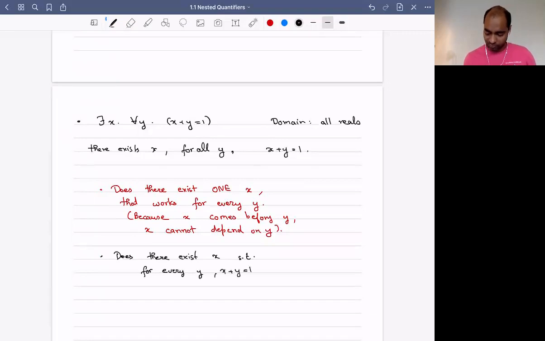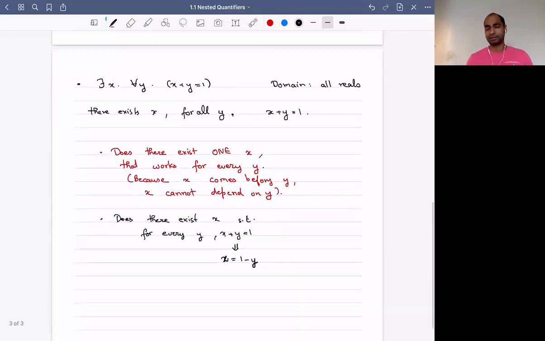If I try to simplify this, it's the same as saying that x is equal to 1 minus y. Now what's happening is I'm not able to find one x that works for every y. For different y's there are different x's, but I need to have one that works for everyone. So here, the answer is no. x depends on y.